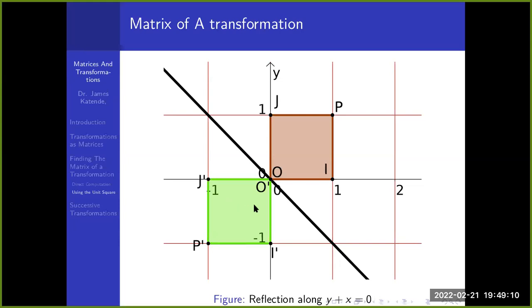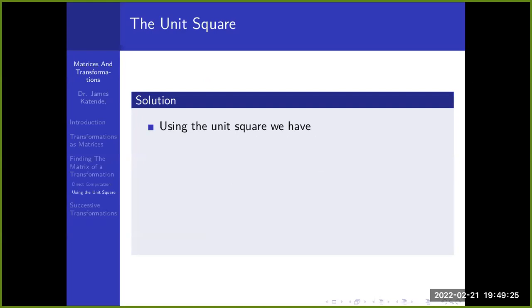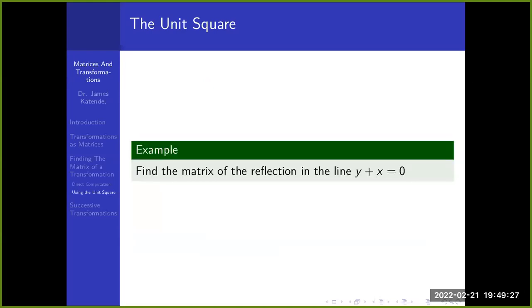I think the matrix was here: (0, -1) and (-1, 0). So this is the matrix that represents a negative quarter turn centered at the origin. No, sorry, a reflection along... I'm still stuck again at the last example.